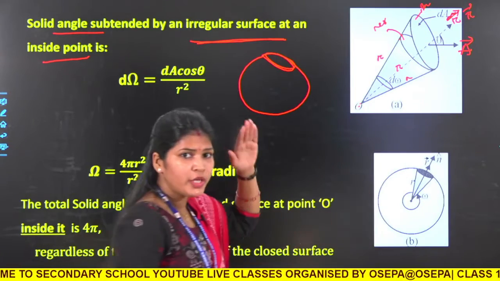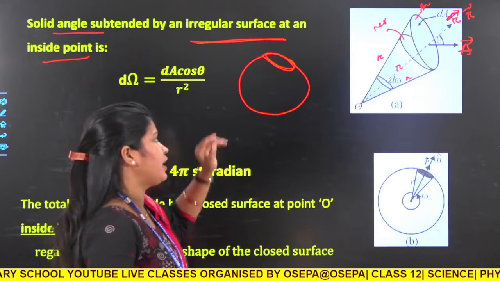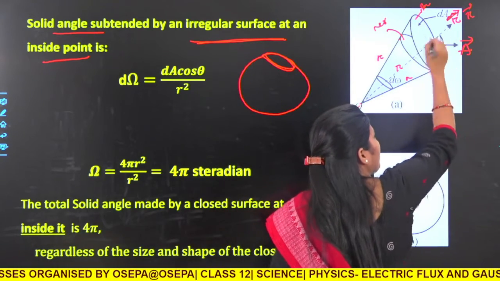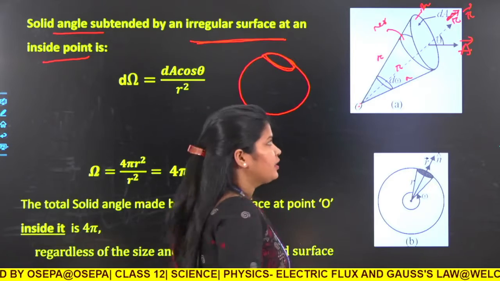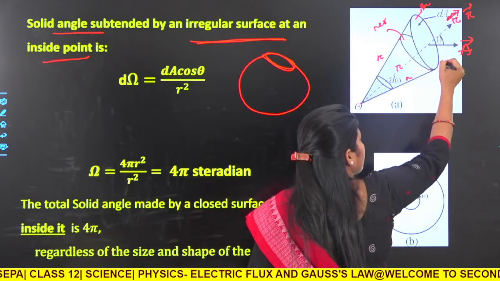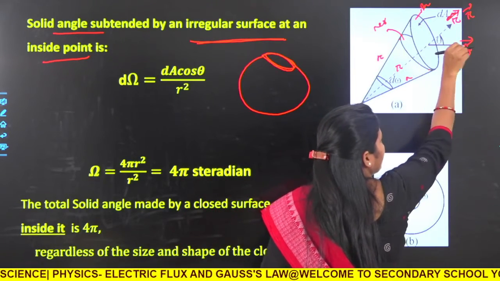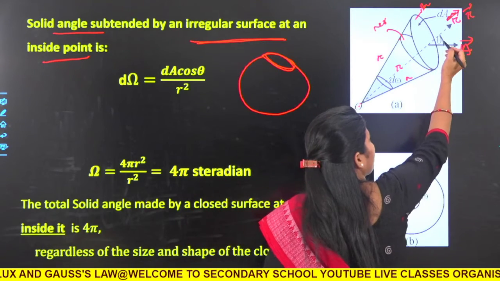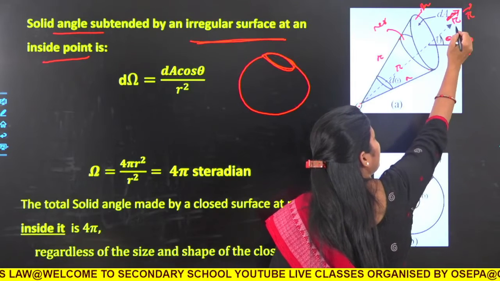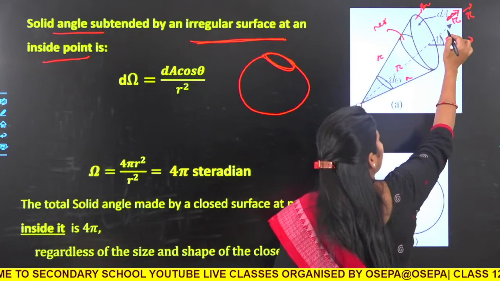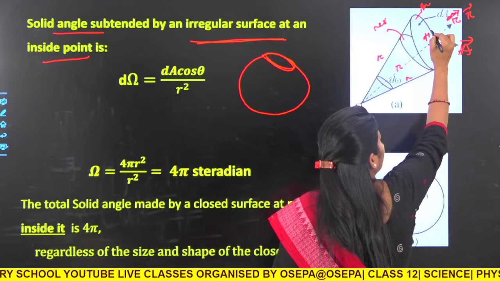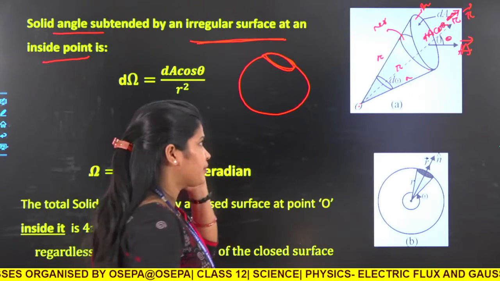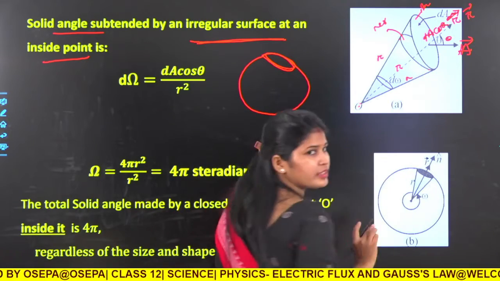Which component of the area lies along the r vector? See this. This is the surface. It makes an angle theta with the r vector. Then this will be dA cos theta, and another component dA sin theta.